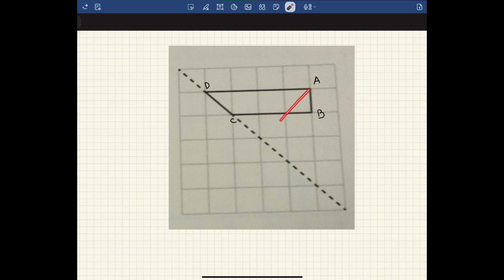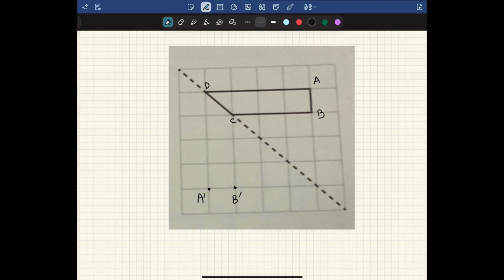So 1, 2, 1, 2. So this is where A prime is going to be. Let's look at B. 1, half, half, 1. So B is going to be here, B prime.